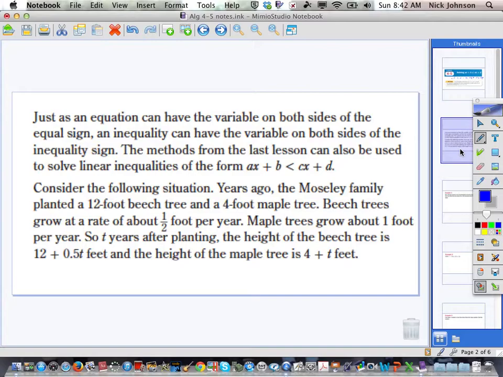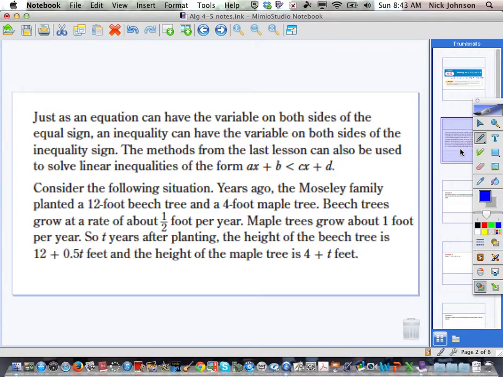And down below it says, consider the following situation. Years ago, the Mosley family planted a 12-foot beech tree and a 4-foot maple tree. Beech trees grow at a rate of about 1/2 foot per year. Maple trees grow at about 1 foot per year.